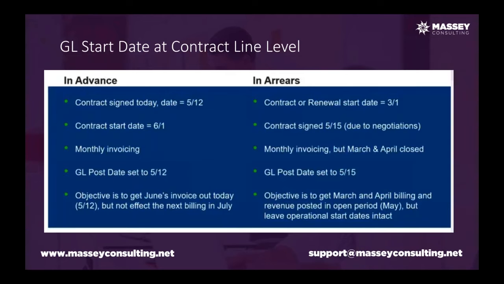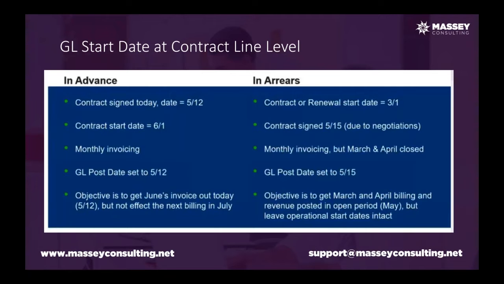We can do one in arrears as well, and this may be the more common scenario. I think, in my opinion, is probably the more common scenario. So you've got a contract that started on 3/1. The contract wasn't signed until 5/15. Some kind of negotiations, legal, etc., jumping into the mix and asking for changes.